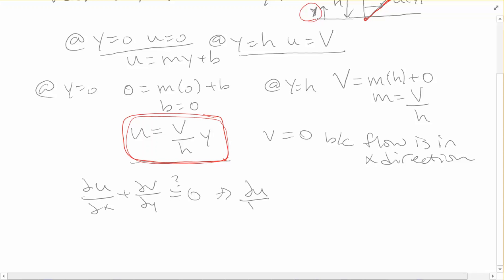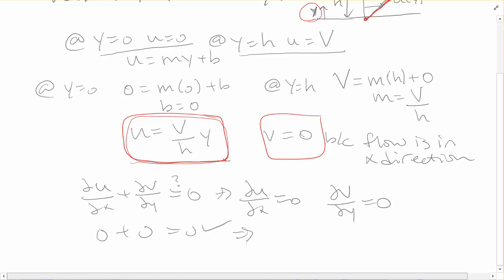Alright, so let's write that down. And then the partial of v with respect to y, where this is v, that's obviously going to be 0 also. So we'll put that as 0. Obviously 0 plus 0 is equal to 0. So that checks out.